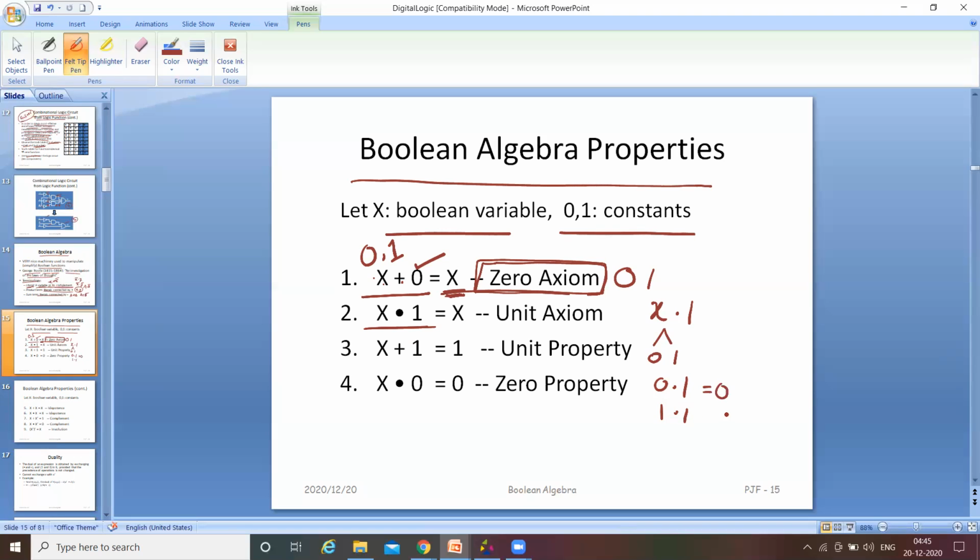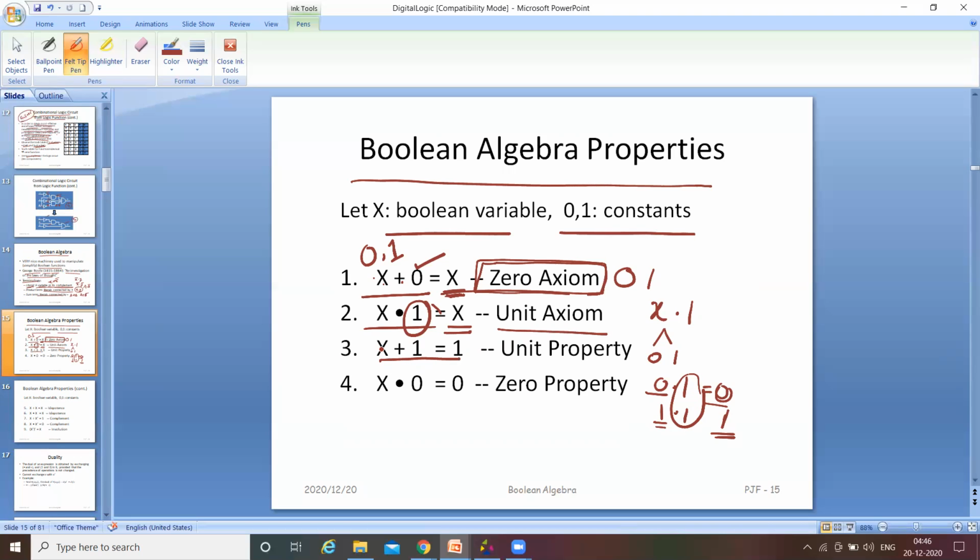Next, 1 dot 1 is 1. So where x is equal to 0 we get 0, and for 1 we get 1. Irrespective of another variable, if x dot 1 is there, the output of this logical expression will always become x, and it doesn't care about this one, meaningless. So this is the unit axiom.